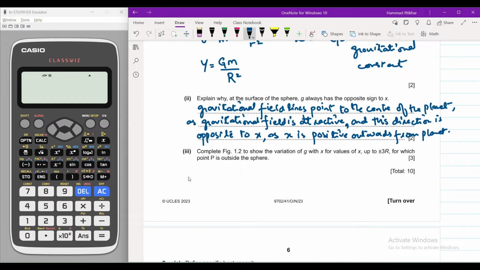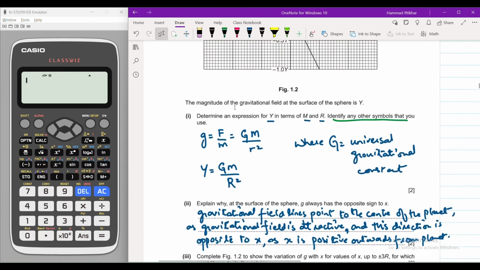Complete figure 1.2 to show the variation of G with x for values up to plus or minus 3R, for which the point P is outside the sphere.